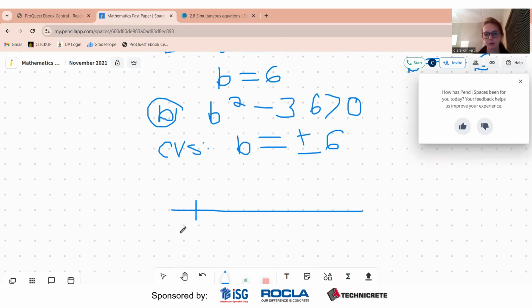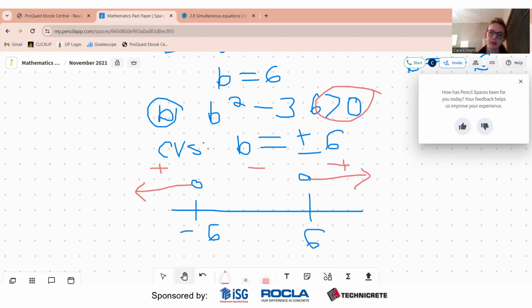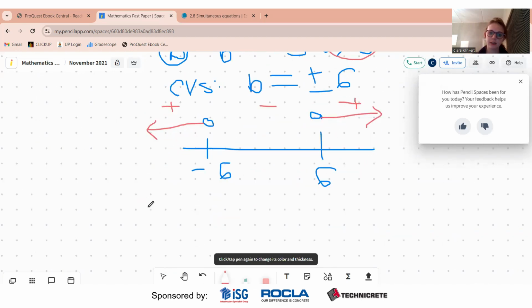Minus 6 comes before 6, and I will have an open dot because I'm not including them. Then I always have plus, minus, plus. In this case, we are greater than 0, so I will be looking in the plus portion. So I draw in my arrows. Now I write x is less than 6 because I copy the direction of the arrowhead.